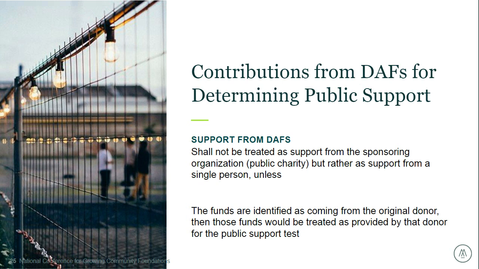If the support is identified specifically with a donor or a donor advised fund, and it's specifically identified by the contributor, then the distribution for public support purposes would be treated as made by the donor. So it's really important, if this rule goes through, for organizations to understand how to calculate their public support test when they're receiving support from a donor advised fund.